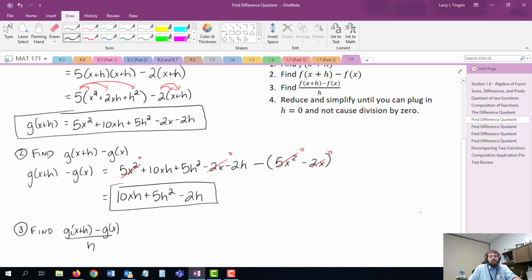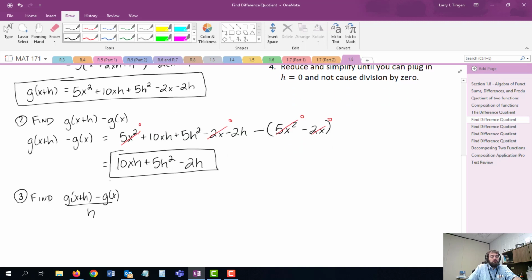Well, I found that already, right? g of x plus h minus g of x is the result from step 2. So g of x plus h minus g of x all over h is equal to 10xh plus 5h squared minus 2h all divided by h.